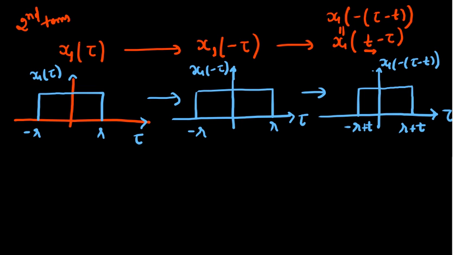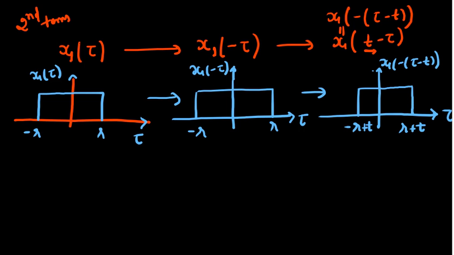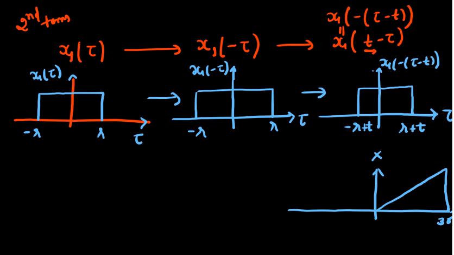Now, since we have got the second term, we have to multiply it with the first term and then integrate. Our first term is this x2 signal, and the height is 1.